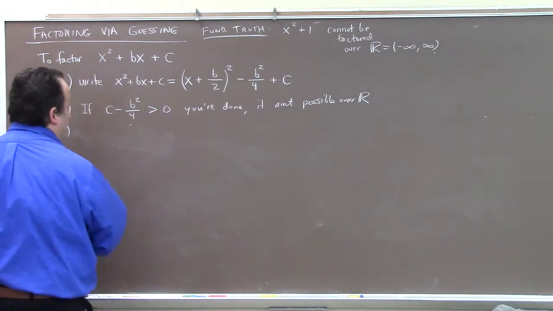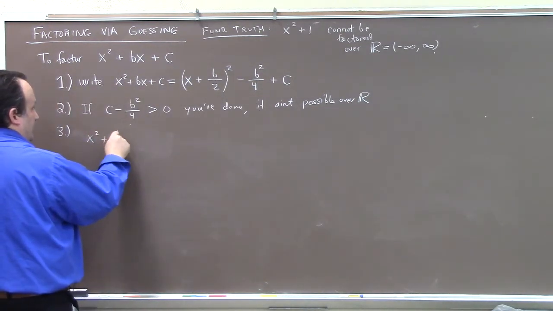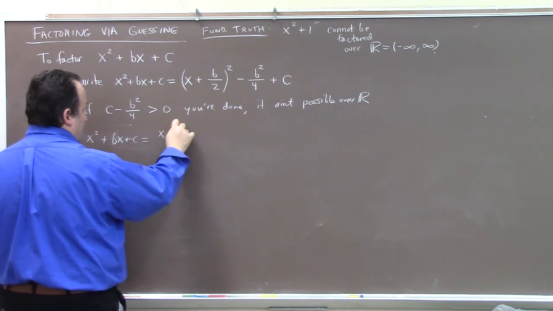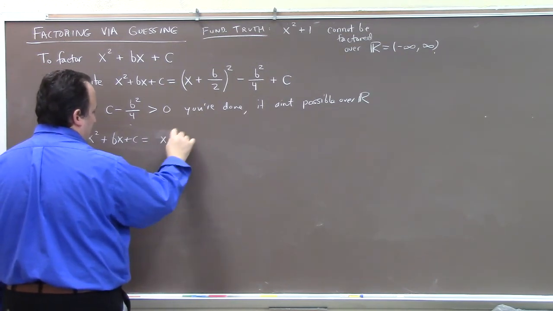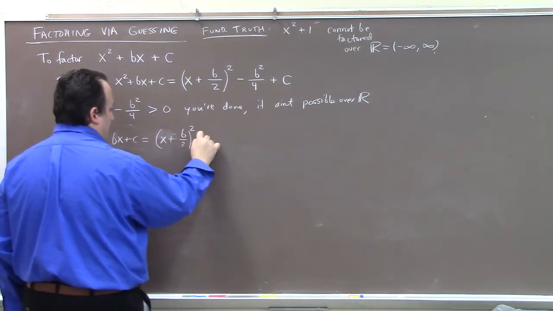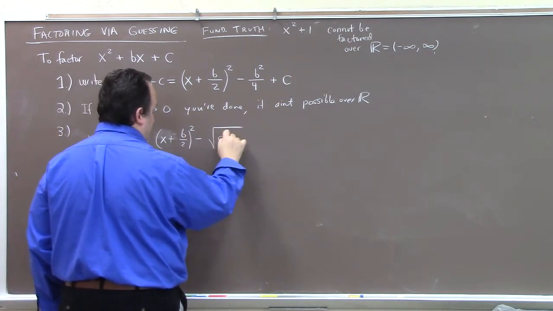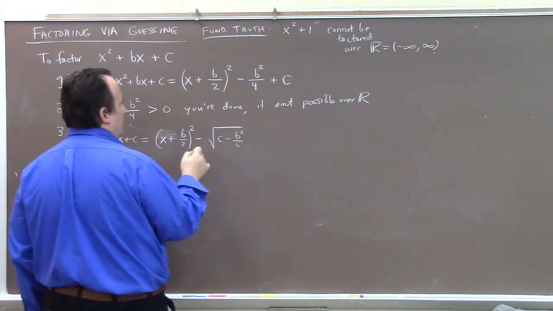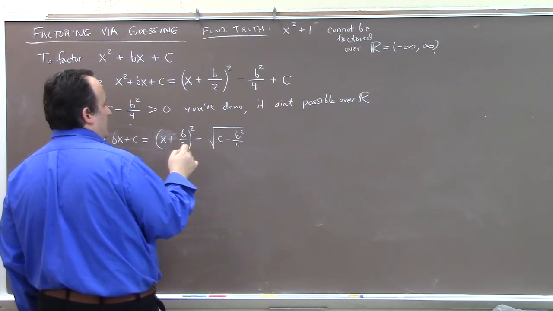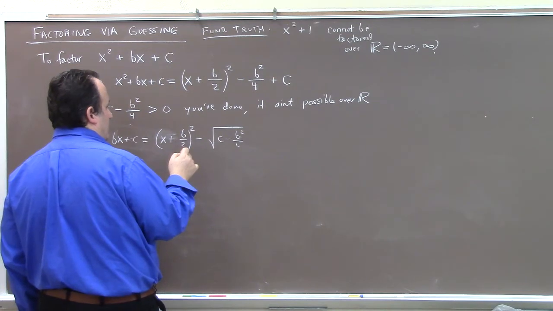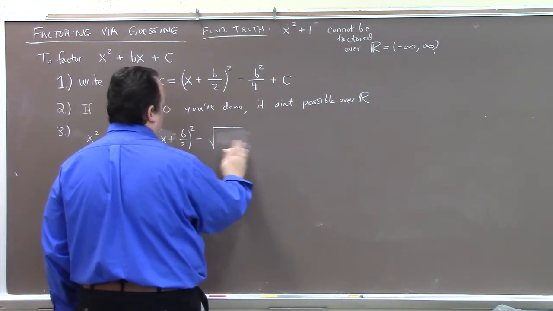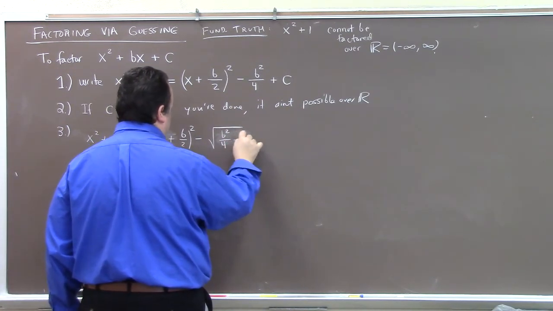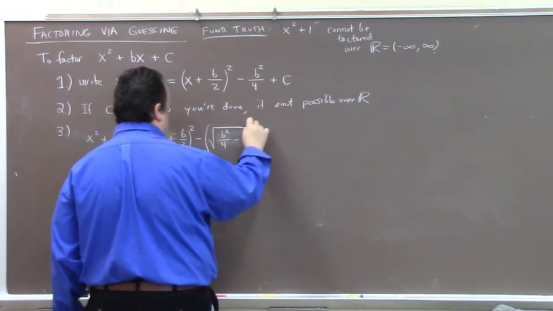Else you can write x squared plus bx plus c is equal to x plus b over 2 squared minus the square root of b squared over 4 minus c, quantity squared. I did that wrong. Sorry.